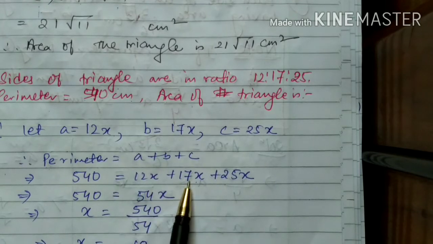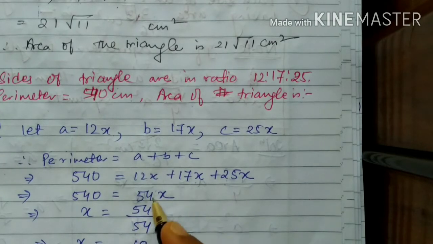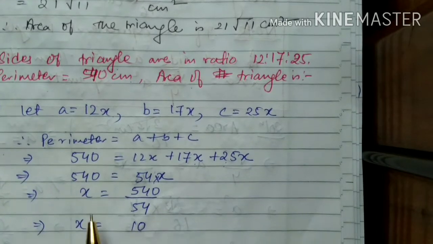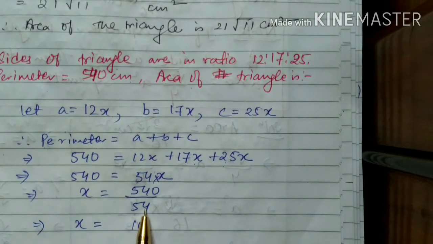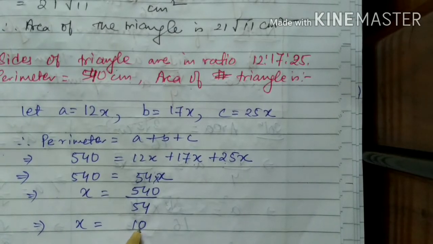Now 12x plus 17x plus 25x will give you 54x. Now as 54 is multiplied with x, we will divide. So x we got 540 by 54, that is how much? 10.